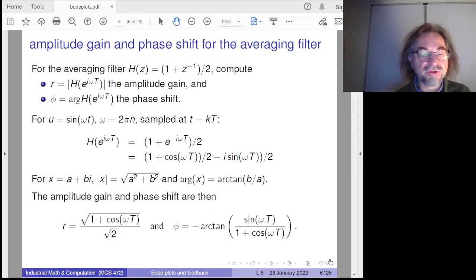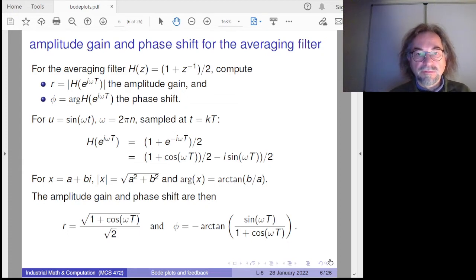That's the radius of the transfer function evaluated at this e to the power i omega T. So omega incorporates the frequency, and also the sampling rate is in there. So let's evaluate the transfer function at this e to the power i omega T.